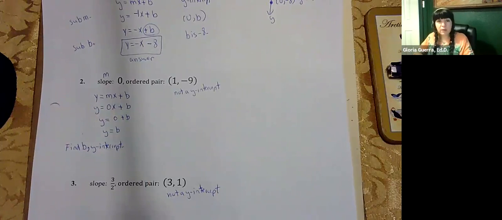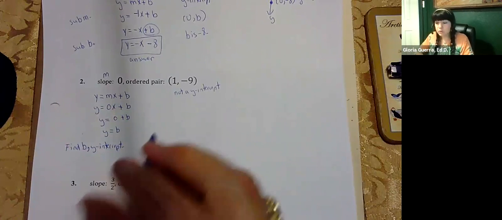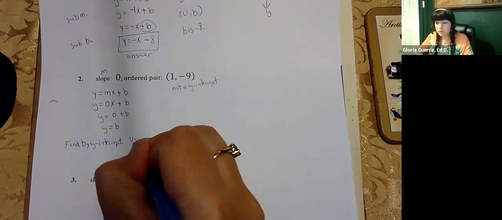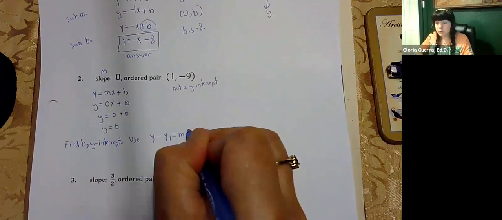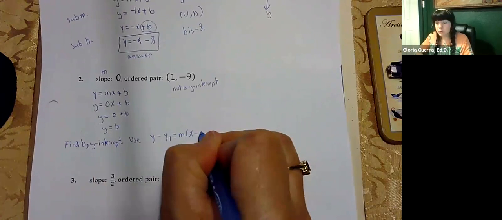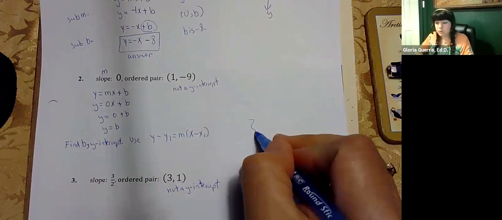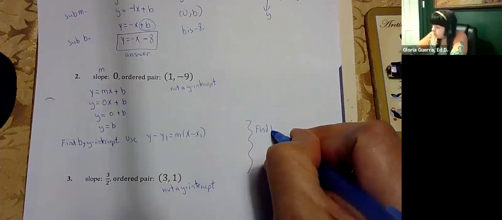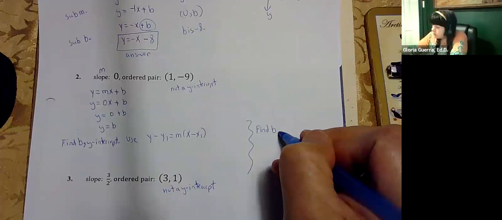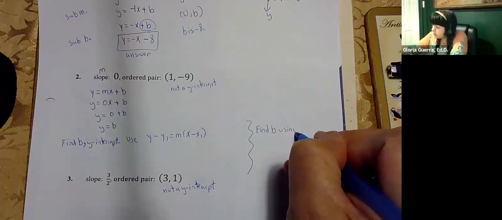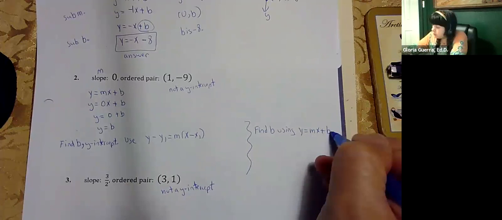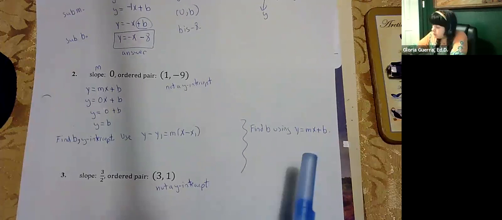One of them is to use y minus y1 equals m times (x minus x1). The other one is to find b using y equals mx plus b. Remember, I gave you two methods. I think you'll probably think this one's easier, but I'm going to show you both.